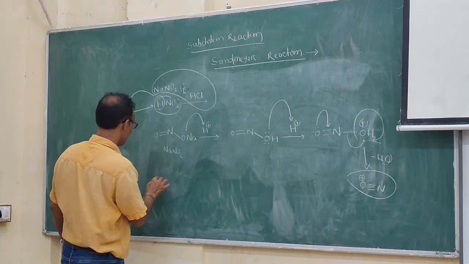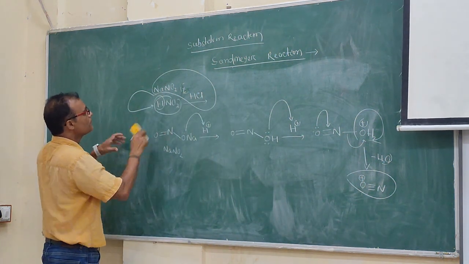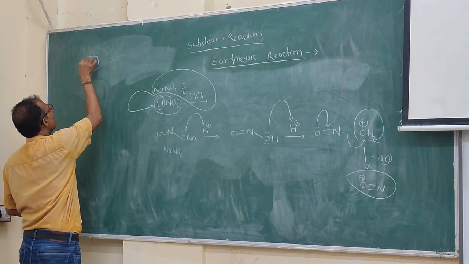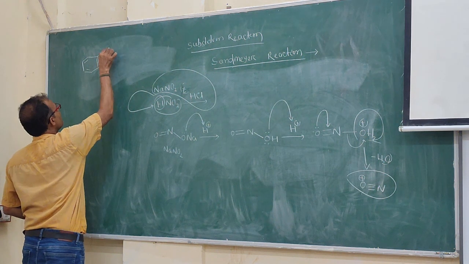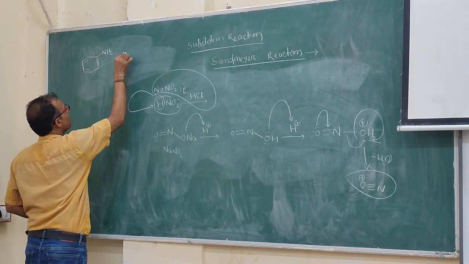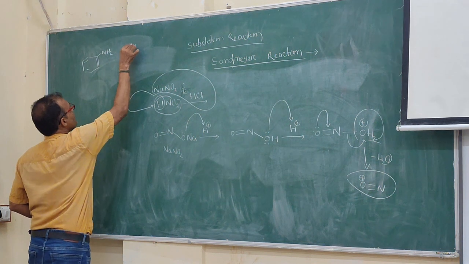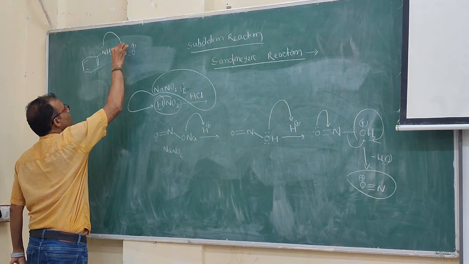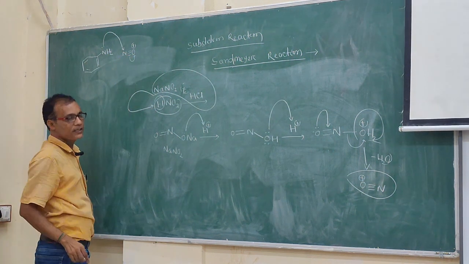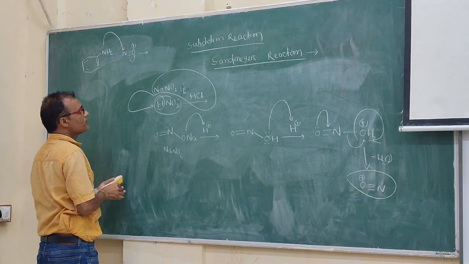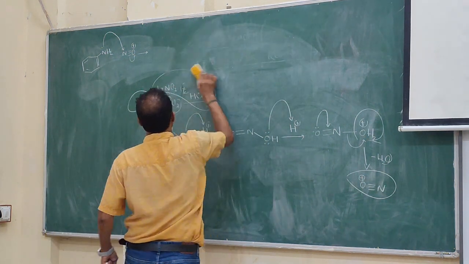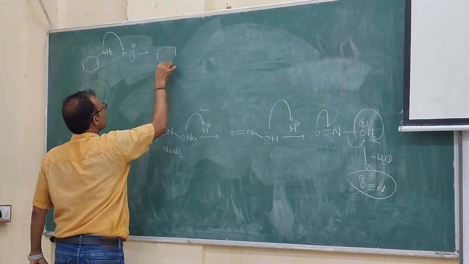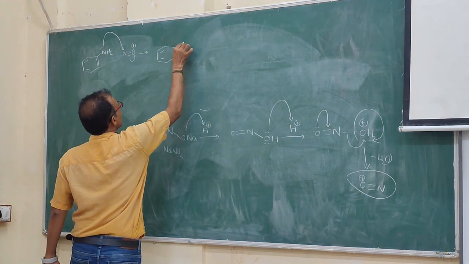Let us go now. You have aniline, and you have here NO plus. The lone pair of electrons on the nitrogen will attack this nitrogen, so it gets neutralized.